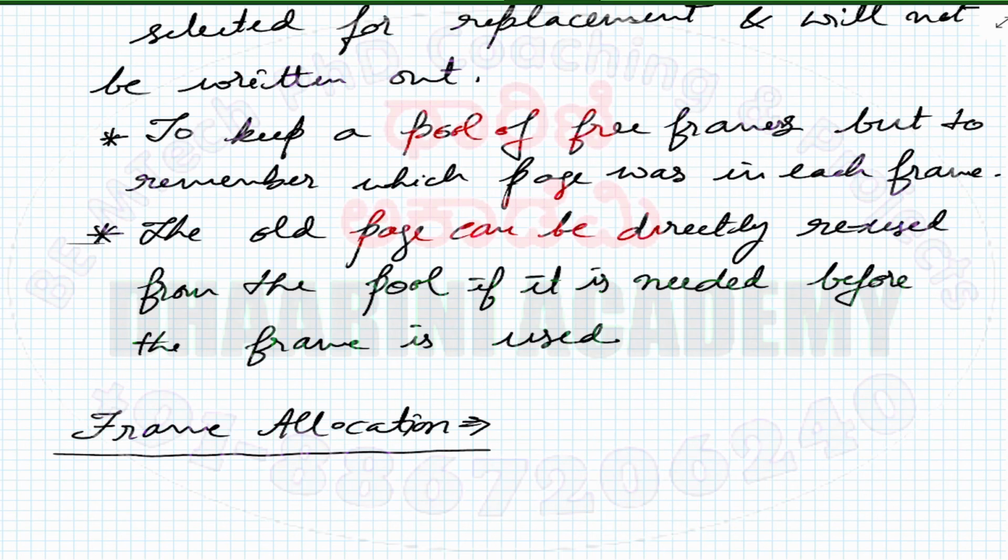Now out of the 93 frames, how are you going to allocate the memory that is required by each and every process that's going to run? This is the concept called memory allocation.